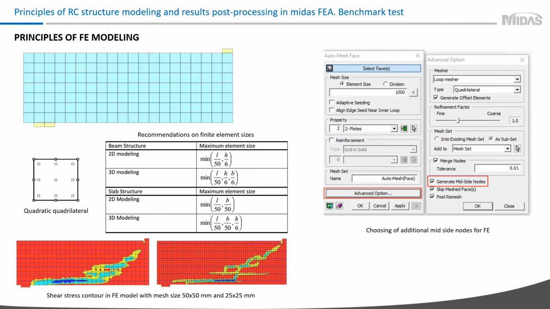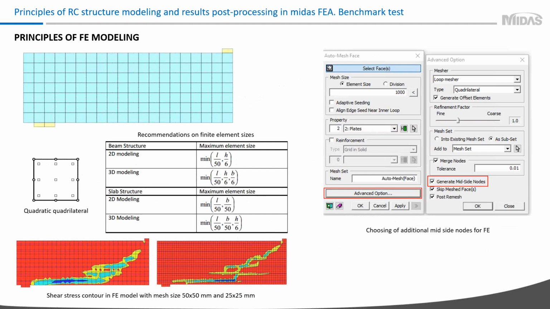On this slide, you can see some recommendations on meshing of the model. If you work with a 2D model, at least 6 elements over the height should be used. As for the finite element, it's recommended to use a rectangular element with a nonlinear shape function with middle side nodes.